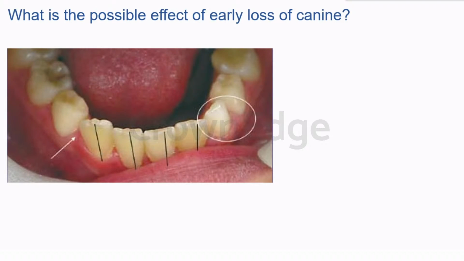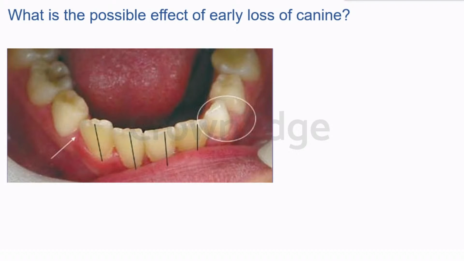Okay, when unilateral or bilateral loss of canine happens, it is going to lead to midline shift. Apart from that, there is going to be lingual tipping of teeth. All the teeth are going to tip lingually. And there is going to be consequently a deep bite in the future. So these are the consequences that you will see with early loss of canine.